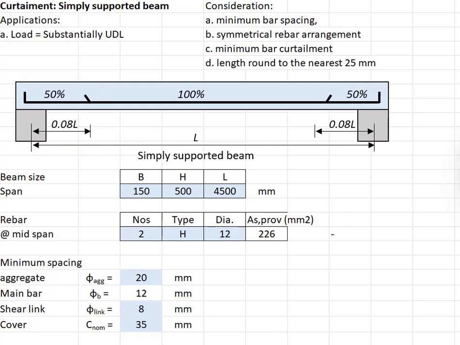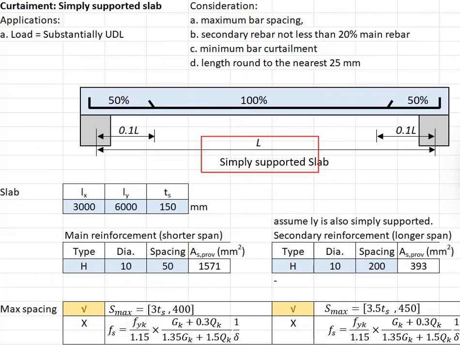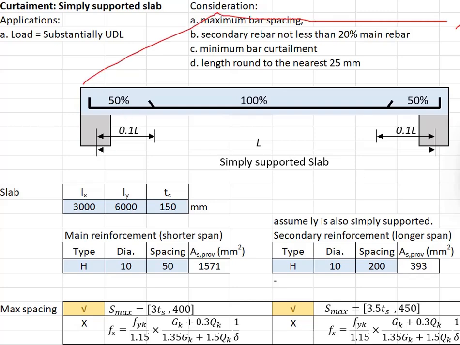Another difference between the simply supported beam and simply supported slab is that the reinforcement bar in the simply supported beam is one directional, which is the longitudinal reinforcement bar. As for the simply supported slab, you are talking about a flat member where there will be main reinforcement bar and secondary reinforcement bar.